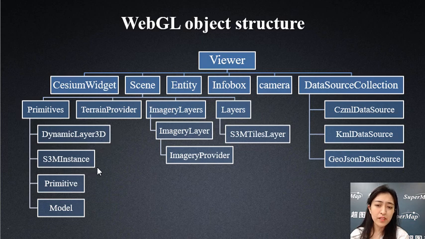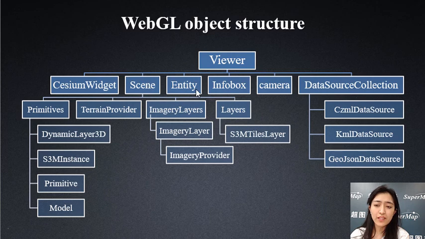The primitive data or the model data use the primitives. For the terrain provider, you can add terrain data. And for the image layers, you can add some images, all of which are added to the viewer through this scene node.